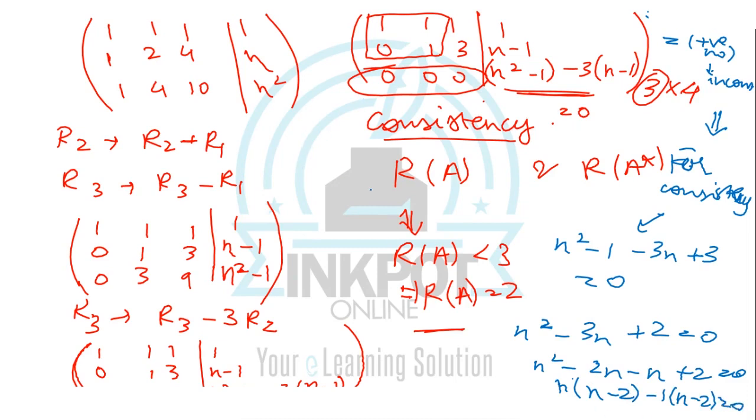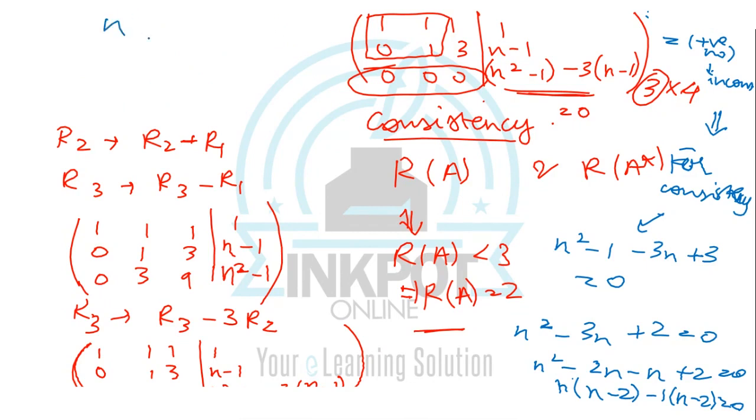So if I were to erase some portion of the ink here. Okay. So from this, what you have is that eta minus 1 into eta minus 2 should be equal to 0 for consistency.